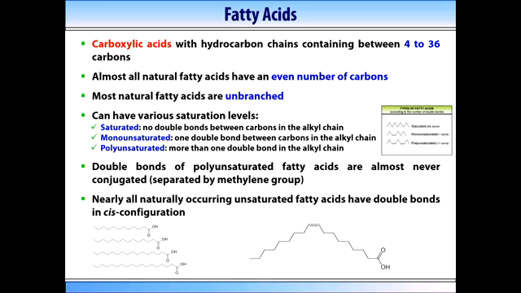Conjugated means that their pi electron clouds can interact with each other, and as a result there would be a resonance structure. They always have a CH2 in between, so these double bonds can never form resonance structures.